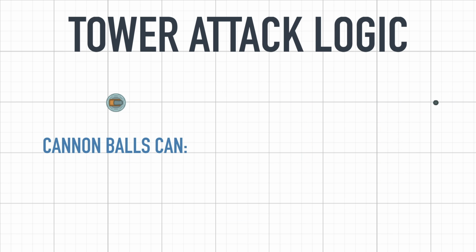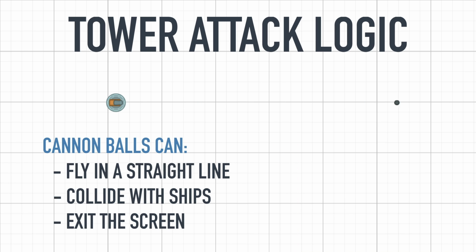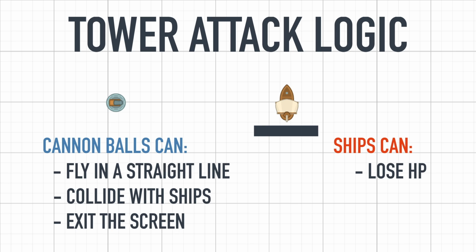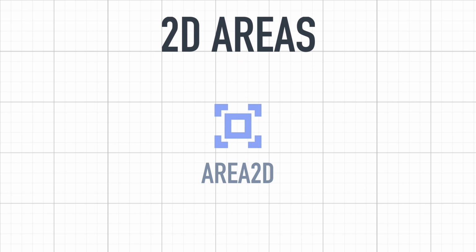Those cannonballs will fly in a straight line until they either meet with the ship or exit the screen. In both cases, they will disappear, but if they touch a ship, the ship will lose 1 health point, and if the ship reaches 0 health points, it will die, disappear, and grant us an arbitrary amount of coins as a reward. For all of this process, we will rely a lot on area 2D nodes.